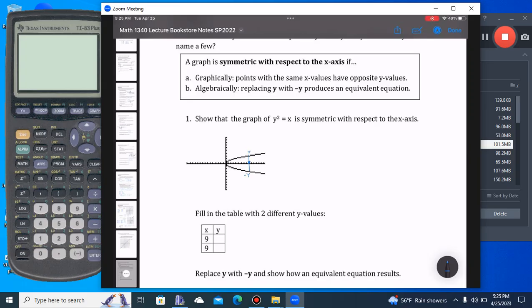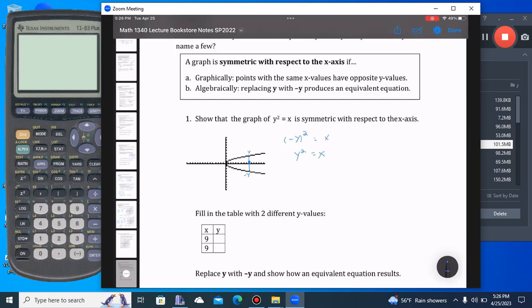That's the indication that it's symmetrical with respect to the x-axis, that there's a negative y and there's a positive y on both sides that this function goes through. Usually it means that you'll have a y squared or a y to the fourth power, something that's even, to be symmetrical here. And if we replace y with negative y, you square it, you end up with y squared equals x. Okay, that's the test.